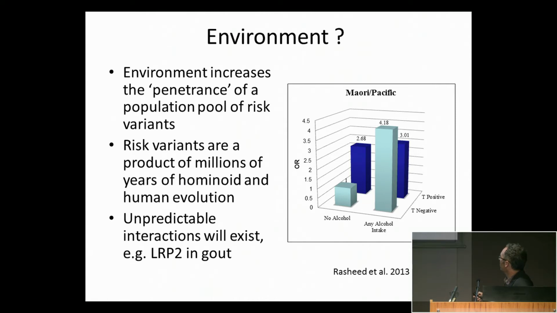And we can see in the no alcohol, when you compare this one here to this one here, you can see the genetic effect. So being T positive increases your risk of gout about 2 to 3-fold. Within this genetic group, you see a slight effect of alcohol on risk, 2.7 to 3.